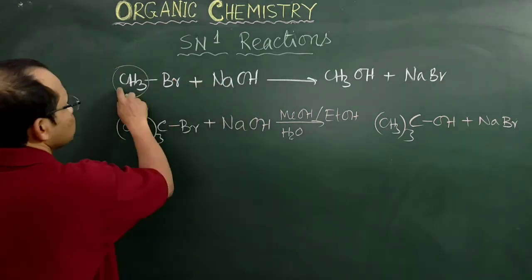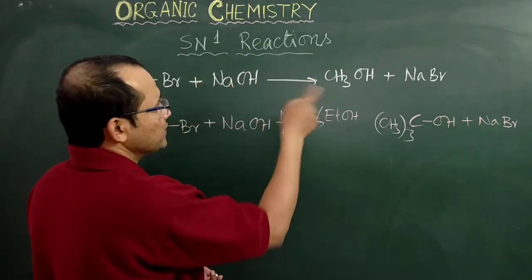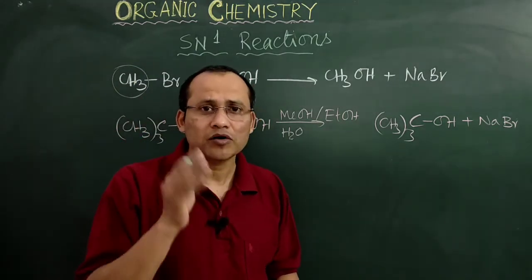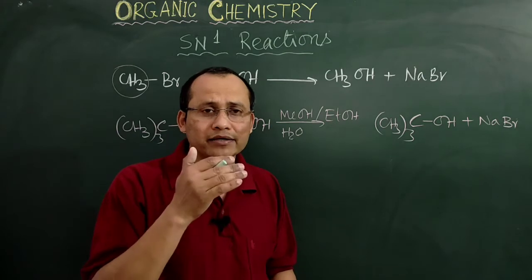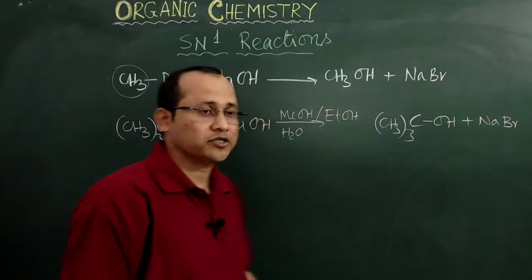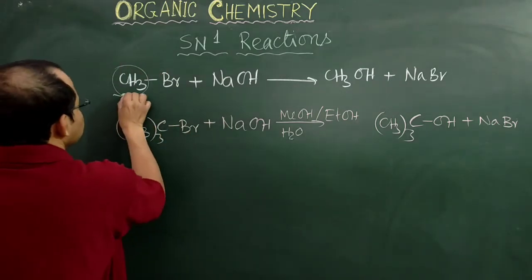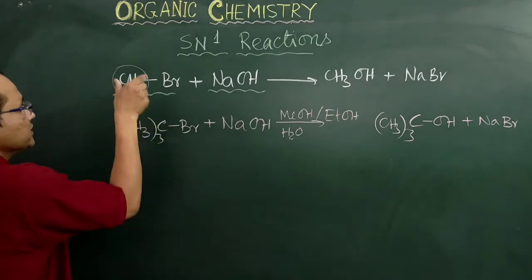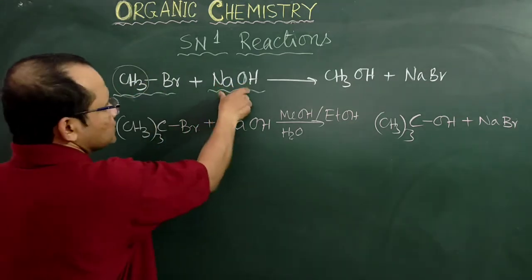If we consider this reaction, then the rate of the reaction, that is how fast or how slow the reaction proceeds, depends on two factors. One is the concentration of this, another is the concentration of this. This is the substrate and this is the reagent.